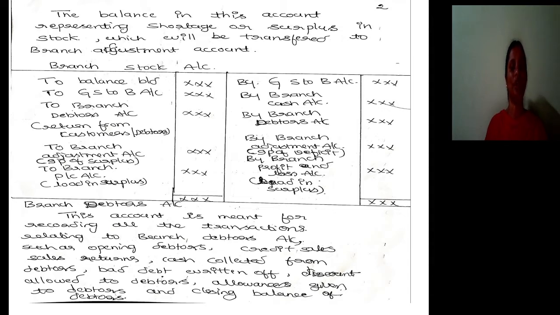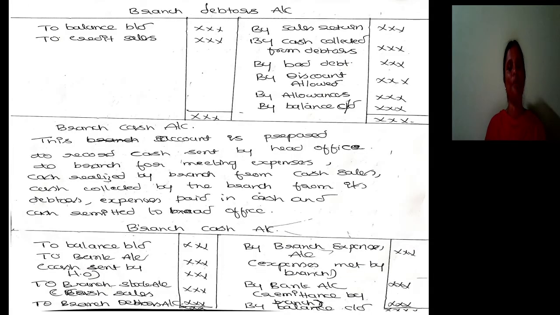Branch debtors account. This account is meant for recording all transactions relating to branch debtors, such as opening balance of debtors, credit sales, sales return, cash collected from debtors, bad debts, discount allowed, allowances given and closing balance of debtors. We will discuss the format of the branch debtors account later. Then the branch cash account.